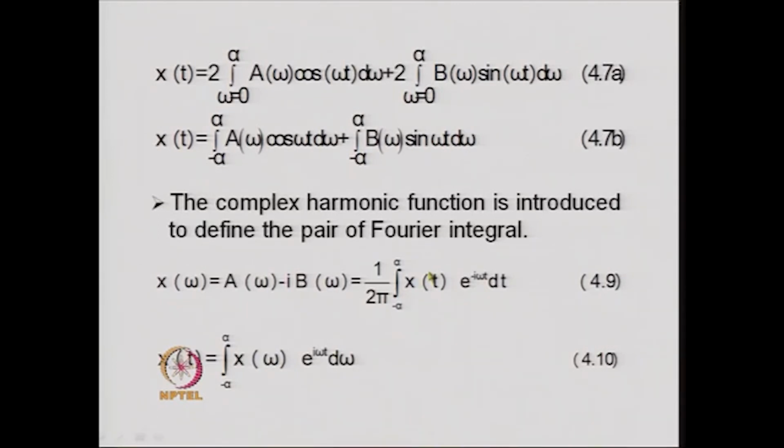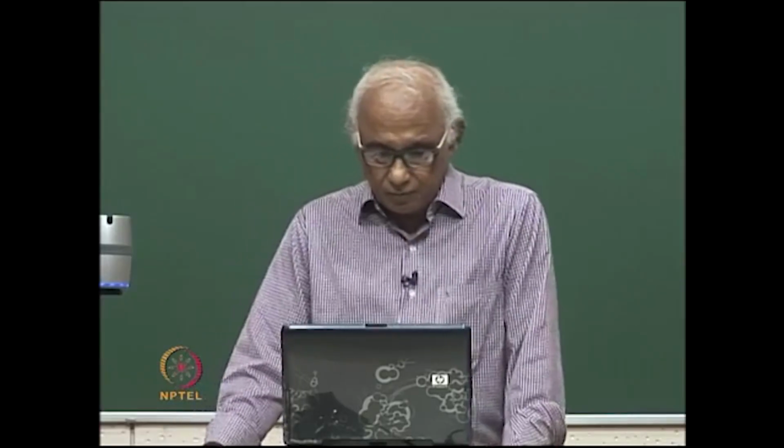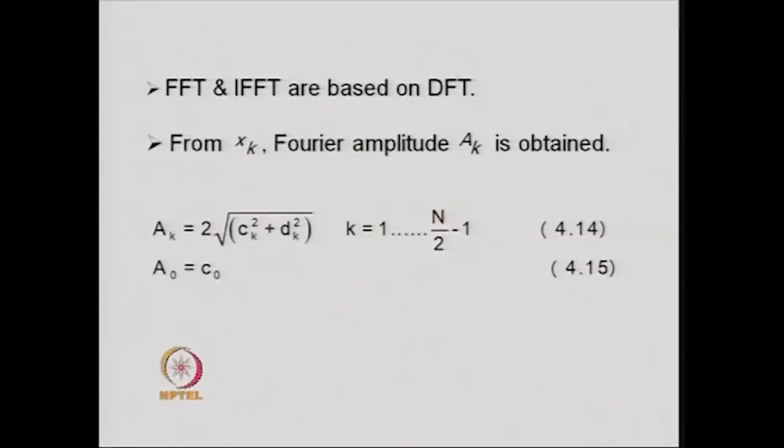So, the Fourier integral pair that we use in Fourier synthesizing any particular time history can be straight away derived from the Fourier series. Then when we use FFT and IFFT, we perform that integration with the help of a summation sign, or we numerically calculate this integration, and that format is known as the discrete Fourier transform and inverse discrete Fourier transform.